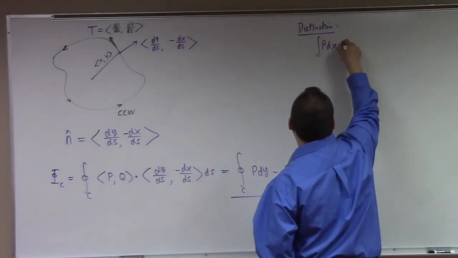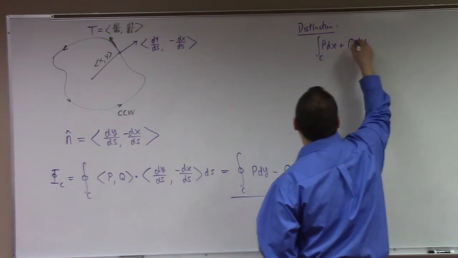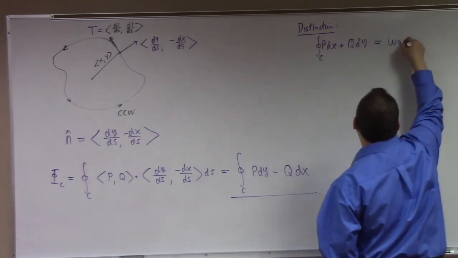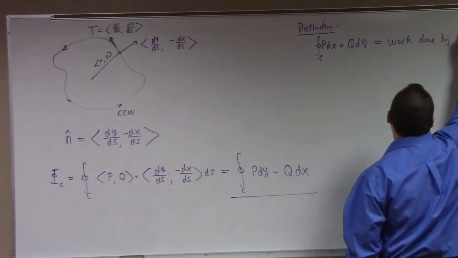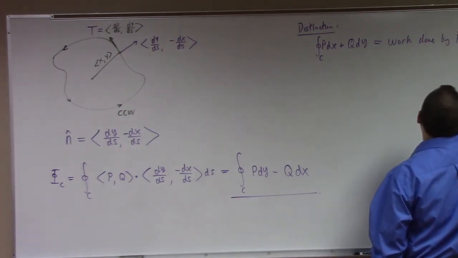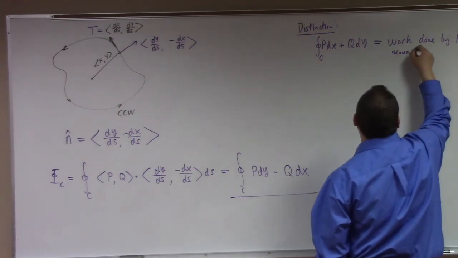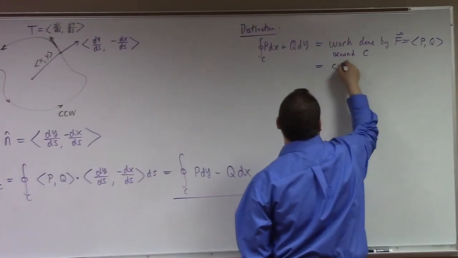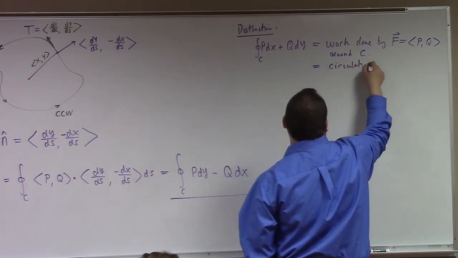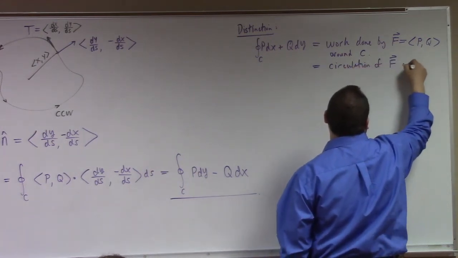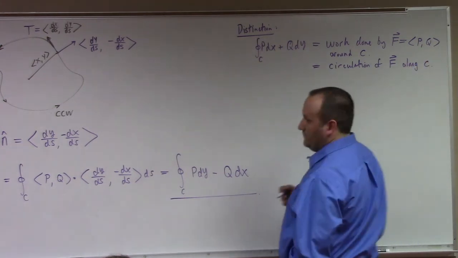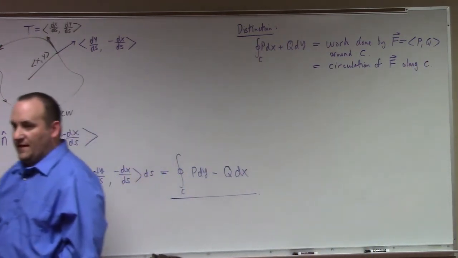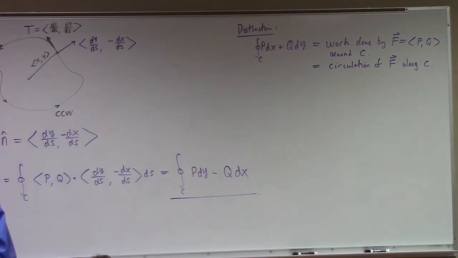The integral of P dx plus Q dy over a curve C would equal the work done by F equal to P comma Q around C. This is also known as the circulation of F along C. Because if F is a velocity field and you take the line integral of F around the curve, you're actually counting how much that velocity field is lining up with the curve. That's the circulation of the velocity around the curve. So this is also known as circulation.